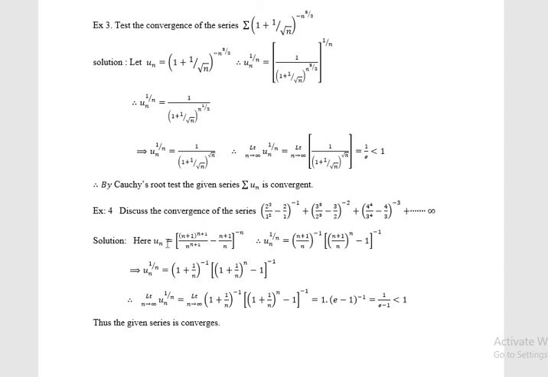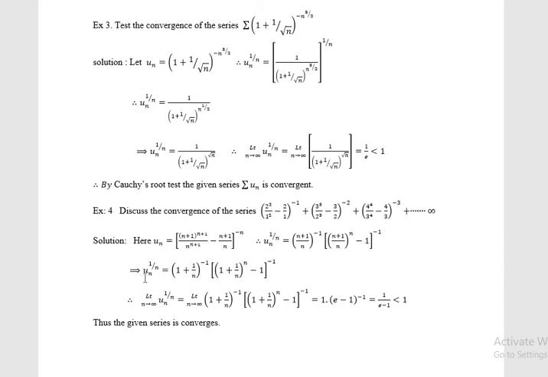Solution: here the nth term un is equal to [(n + 1)^(n+1) divided by n^(n+1) minus (n + 1)/n] all to the power minus n, and therefore un^(1/n) on the right-hand side, taking the common factor (n + 1)/n to the power minus 1, we write [((n + 1)/n)^n minus 1]^(-1).